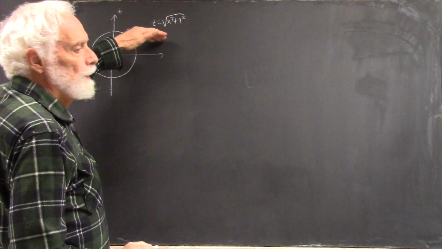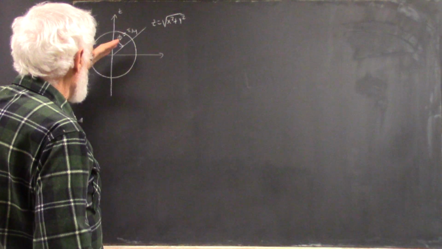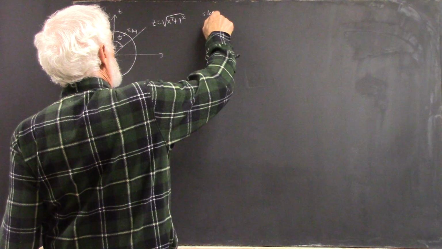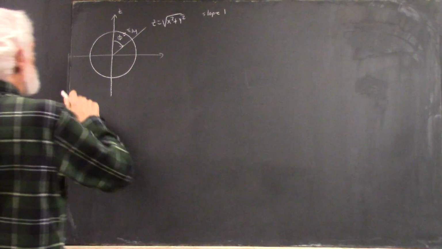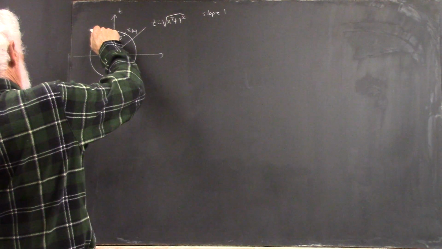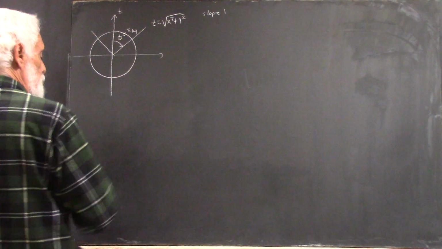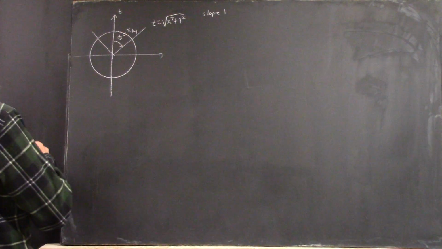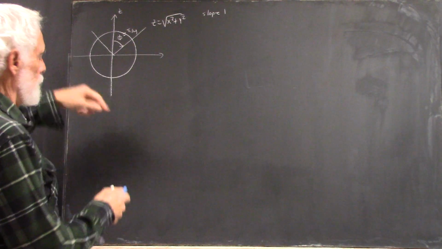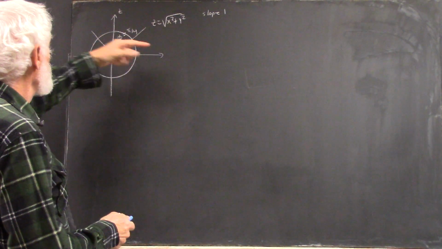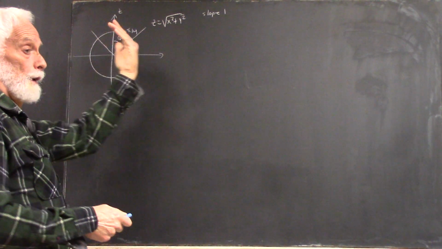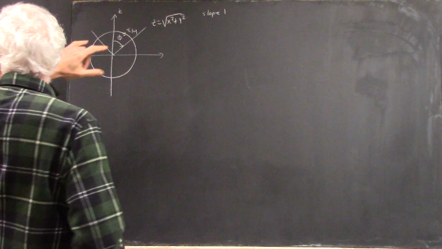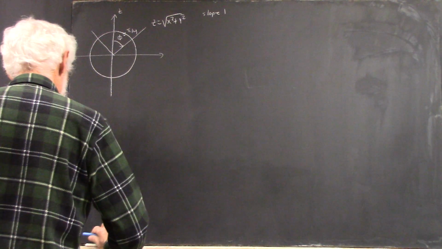Since this is just in cross-section, this is a line where the rise equals the run. Then, of course, we have the other side, where again we have pi over 4, because this line rotates around the z-axis, giving us a cone in a section then out of the sphere.